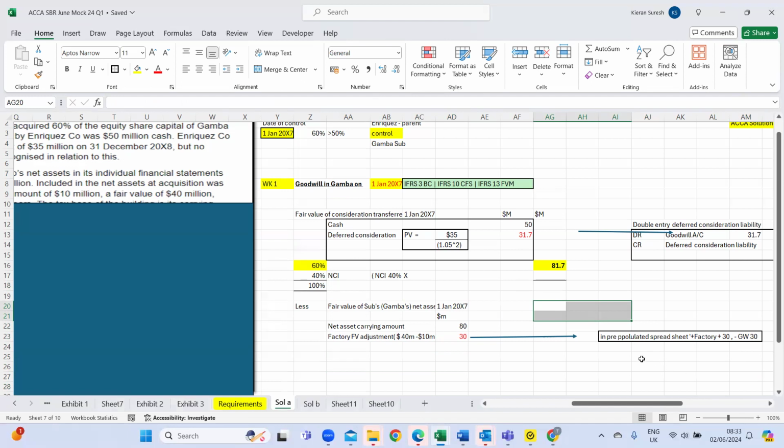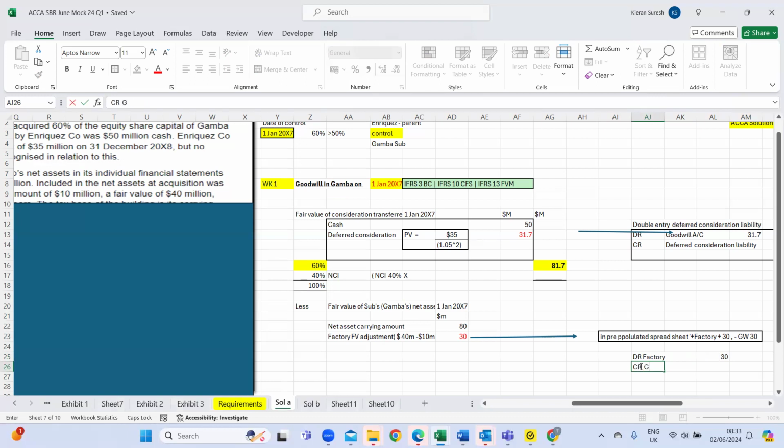So the double entry for this: the property is increasing, so we have the factory, the PPE, which you would debit, an increase of 30. The next entry has to be the goodwill account.